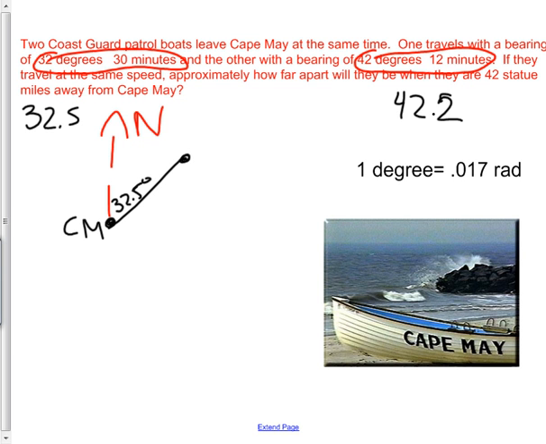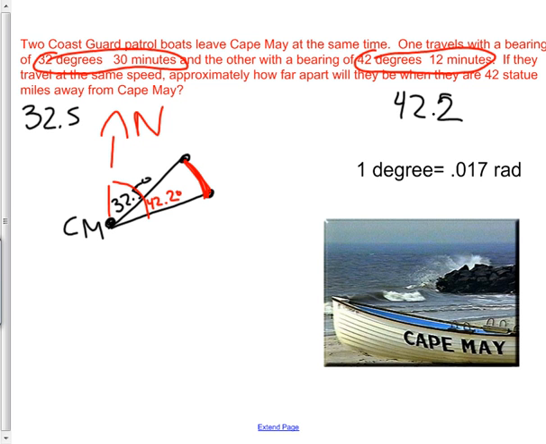Our second one is 42.2 degrees. So we'll say he's right about there. And that's this whole angle, which is 42.2 degrees. So now what we're trying to find in this problem is how far these two are away from each other.